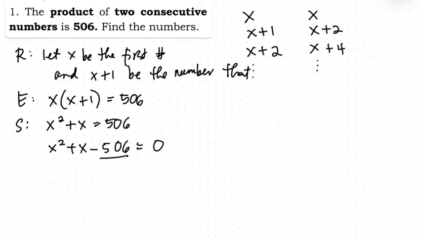Hindi pa rin siya exact. 506 divided by 4. Let's say, if it's 4, it's 0.5. So hindi pa din. You'll have to find the two numbers na kailangan natin to get 506.